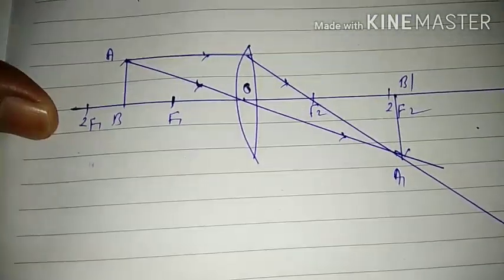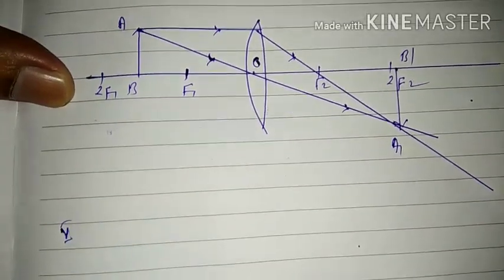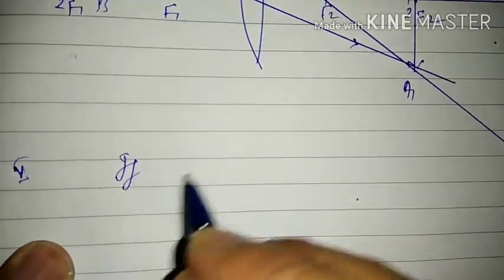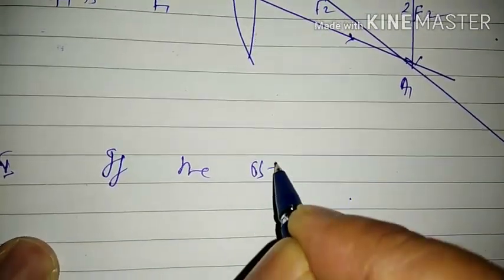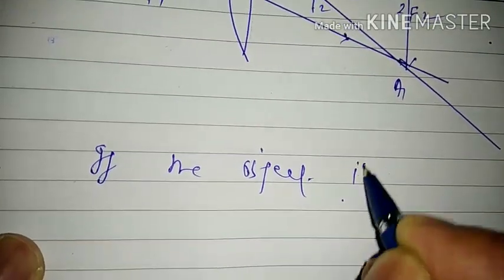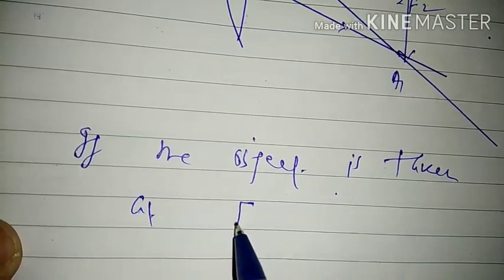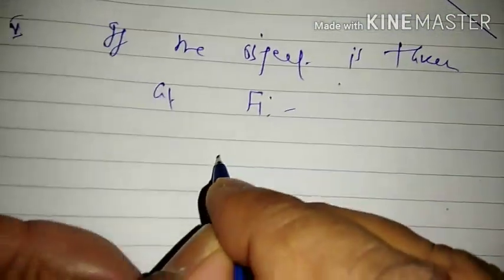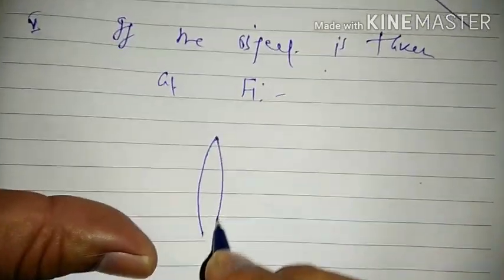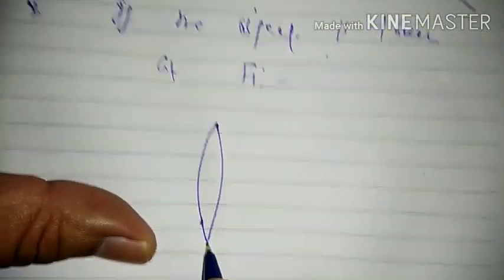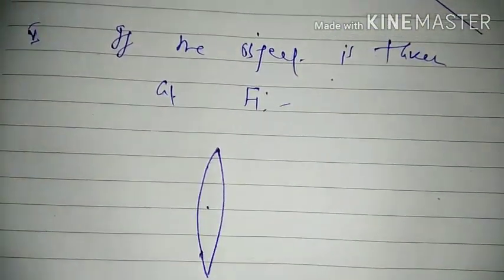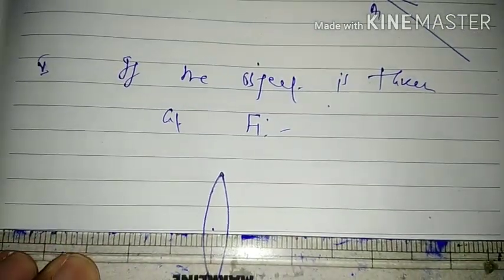Now, in case 5, suppose the object is taken at f1. See what happens. This is our optical center.